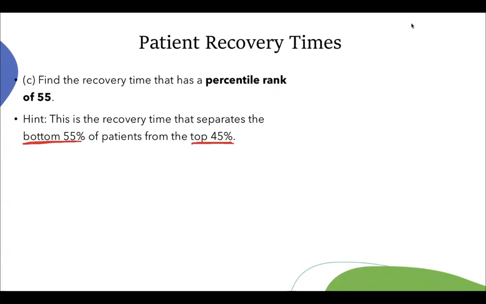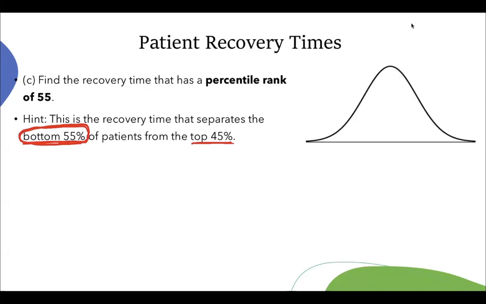So when we draw this picture, recognize that we are shading in the left again, but this time we're shading in more than half of the curve. So this is what it's got to look like. Recognize that half the curve is in the middle. Okay, so this is 50%, the bottom 50%.